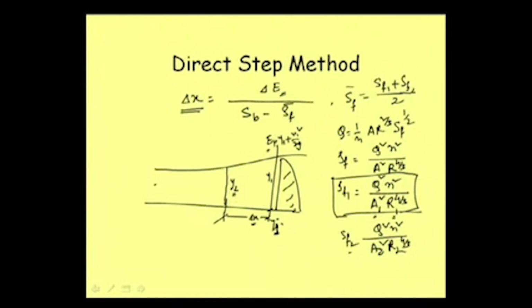So this y2 we are considering from our side, and we want to know at what distance from y1, that is x1, this x2 will be, which corresponds to depth y2. So taking this y2 as our known parameter, we are calculating SF2 and E2. So everything we are calculating, and then we are calculating our delta x.